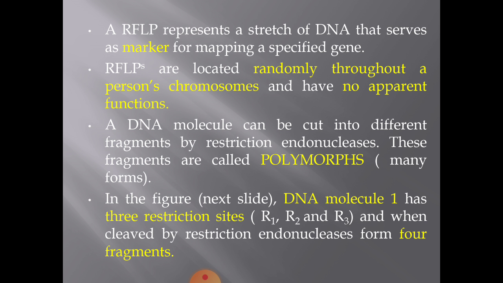There are four terms in this. Restriction means the DNA fragments which have been subjected to the digestion of restriction endonucleases, and whatever DNA fragments you get after the restriction digestion are called restriction fragments.